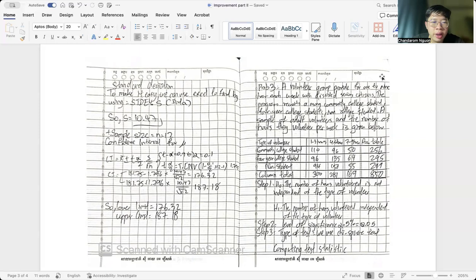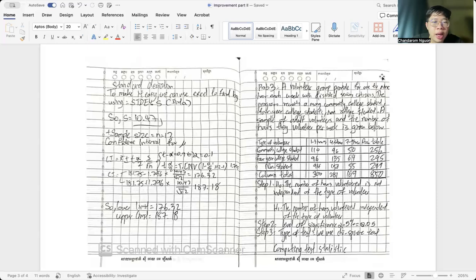In this case, we can use the formula x̄ ± t(α/2) multiplied by the sample standard deviation divided by the square root of n. We have 1 − α equal to 90%, so α equals 10%, which is 0.1.